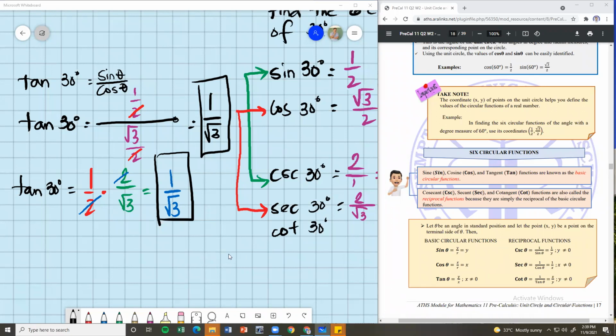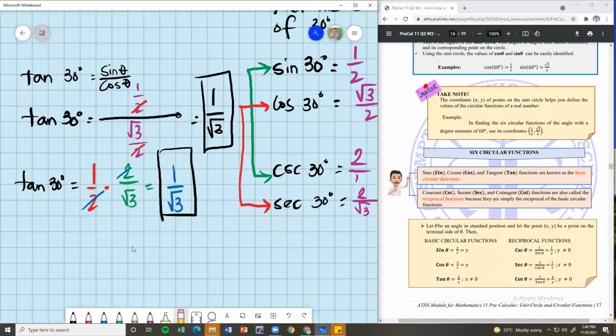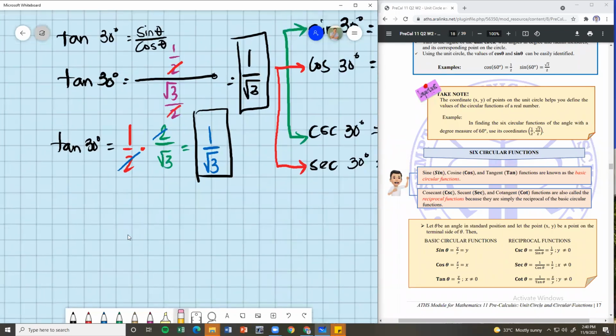And of course, for our cotangent naman, all we have to do is to get the reciprocal of the tangent kasi they are the reciprocal functions. So therefore, for the cotangent 30, this will be equal to, since they are reciprocal functions, cotangent 30 will be the kabaliktaran of tangent 30.